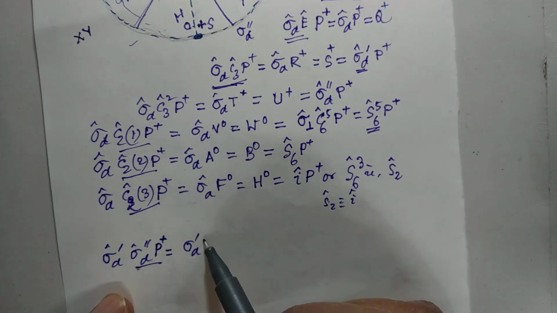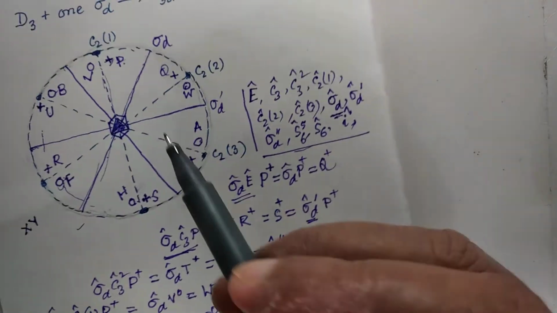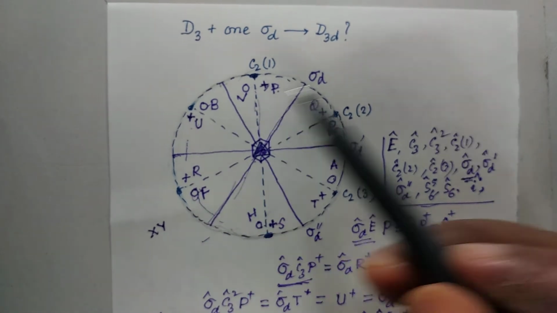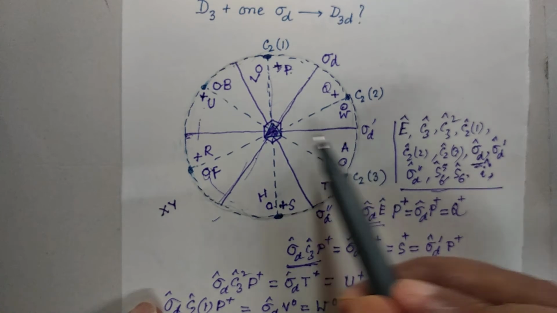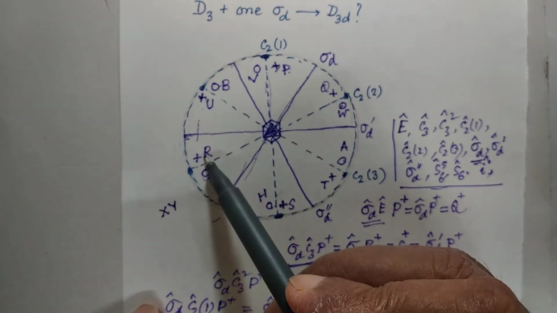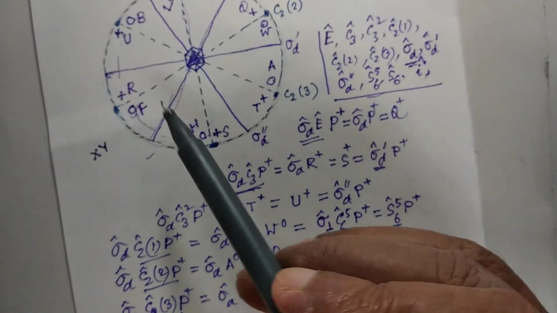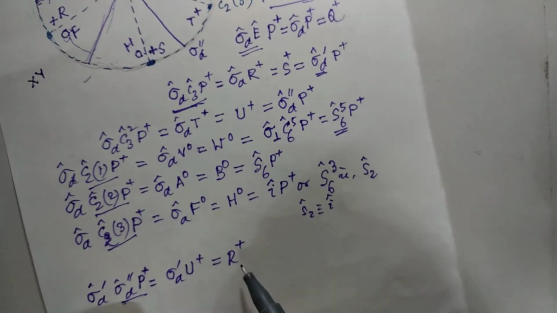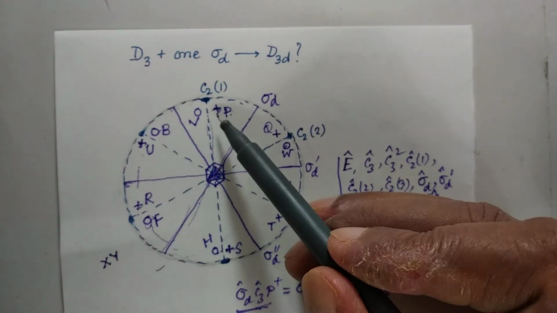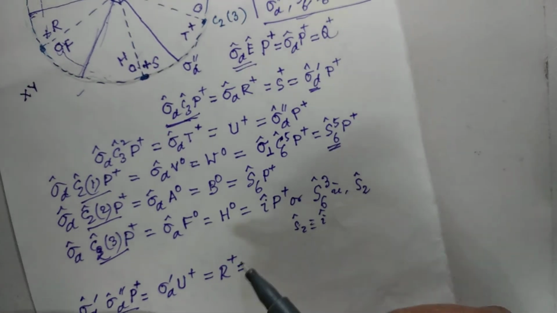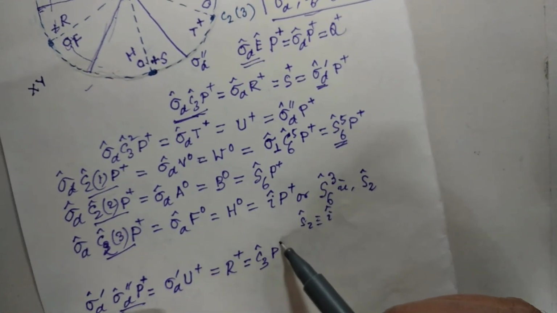Then U plus, on being reflected on this plane, sigma d primed plane, will bring you to R plus. So no new point is generated. This R plus is actually C3 P plus. This is an already known operation.